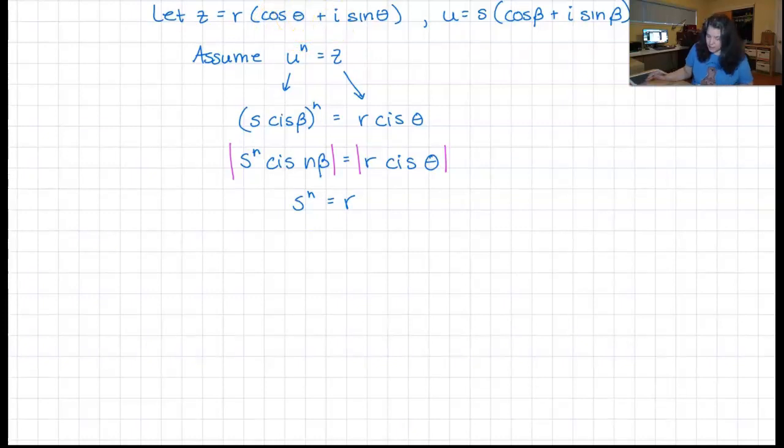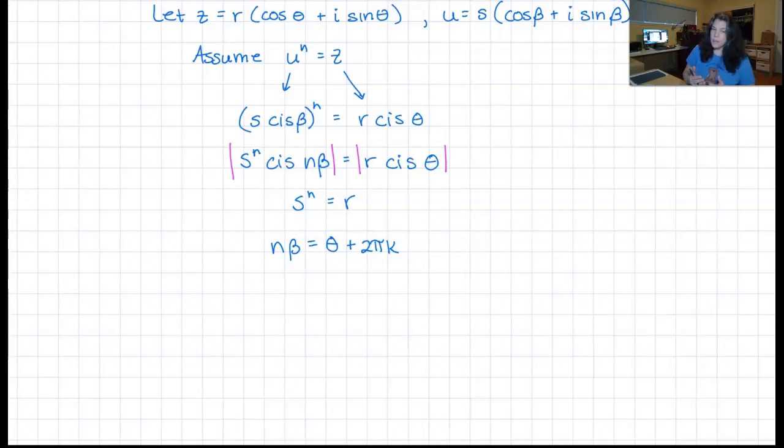So basically what that means is that I can't just say that n beta is equal to theta, but what I can say is they'll be equal to each other plus multiples of 2 pi. And the way we're going to do that is just say 2 pi k. And it's kind of implied k is an integer. So that I can do.